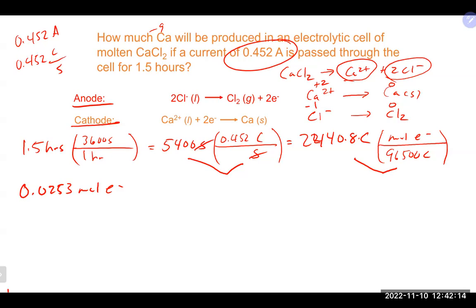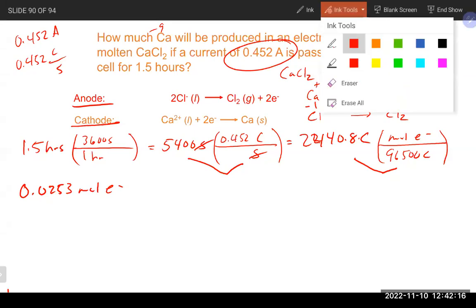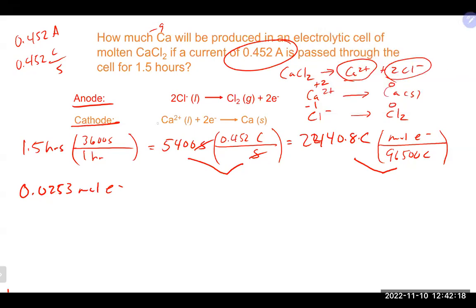Now, in this case, we're interested in calcium. So we would go to the balanced half reaction and we see for every 2 moles of electrons, we get 1 mole of calcium. So that is how we're going to get to calcium in this case. Basically like stoichiometry. Moles of electrons will cancel.